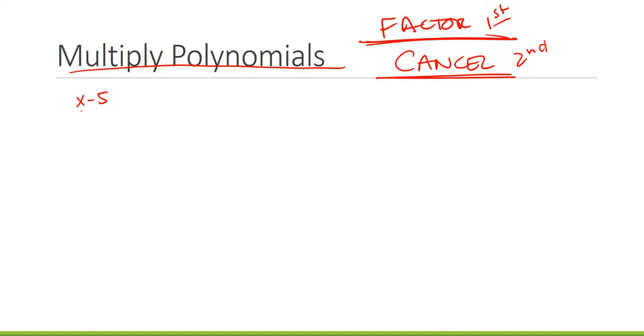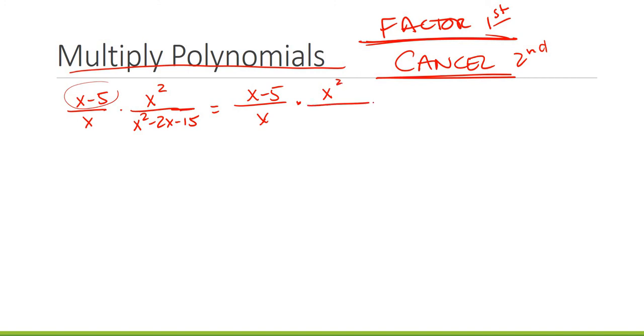X minus 5 over x times x squared over x squared minus 2x minus 15. I'm going to factor first. X minus 5 does not factor. X is simplified. I could factor x squared into x times x, but since it's a monomial, I'm going to keep it. This is the piece that needs to be factored.